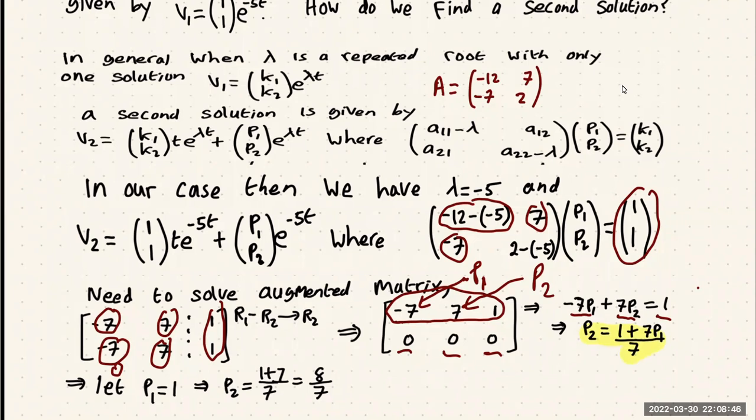So I'm going to let P1 equal 1. Letting P1 equal 1, we end up with P2 equals (1 plus 7) over 7, so 8 over 7 is my P2. Okay, so now we found P1 and P2. Let's keep going.